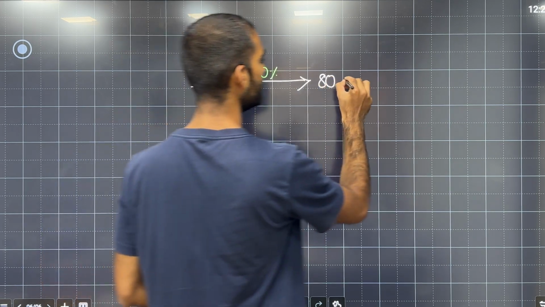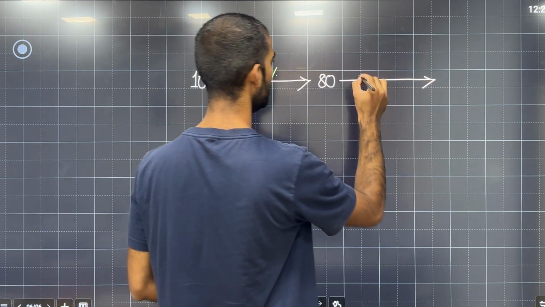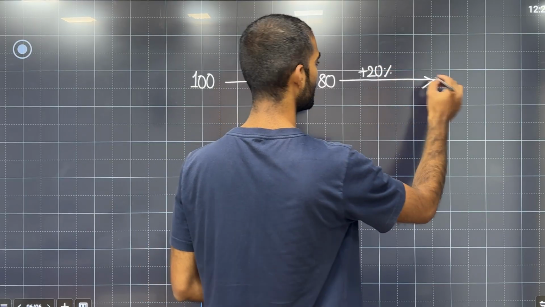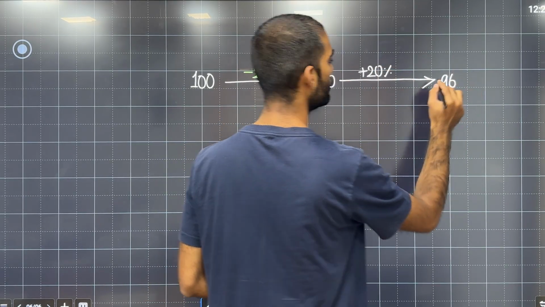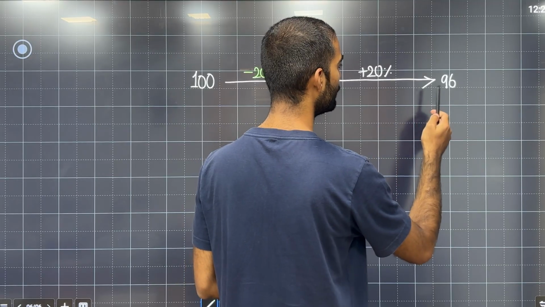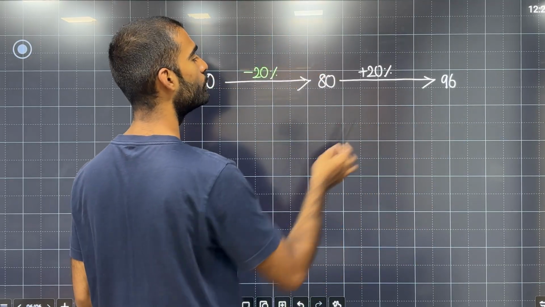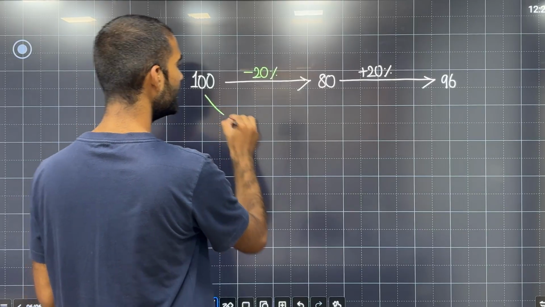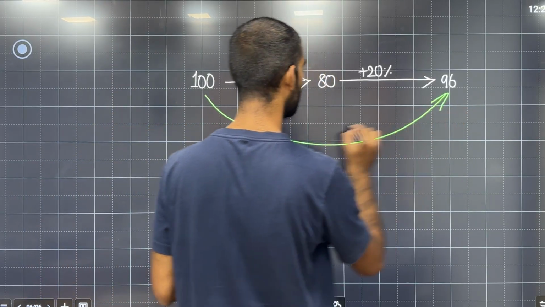And then this, if increases by 20%, is going to become 96. How do I know this? Because 80's 20% is 16, so add it to 80. Now, effectively, the town's population actually decreased by 4%.